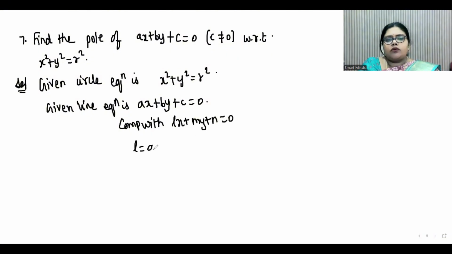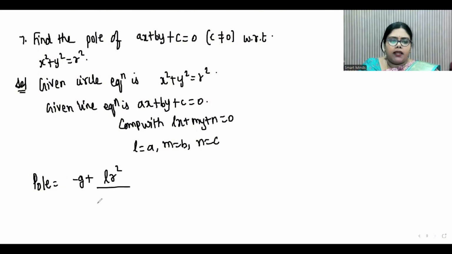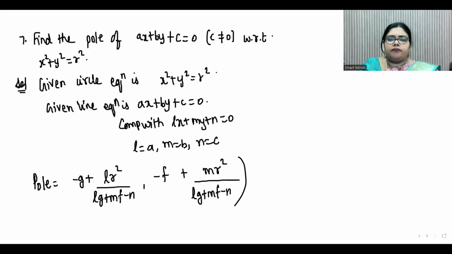So l = a, m = b, n = c. Now we have a direct formula for the pole, that is (-g + lr²/(lg + mf - n), -f + mr²/(lg + mf - n)).